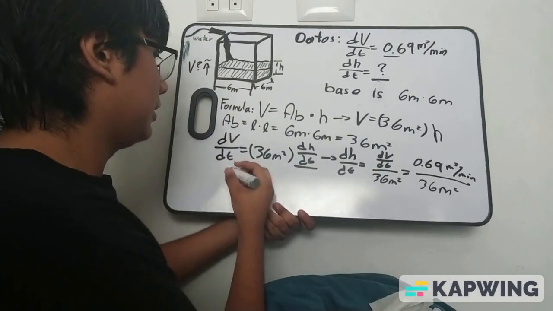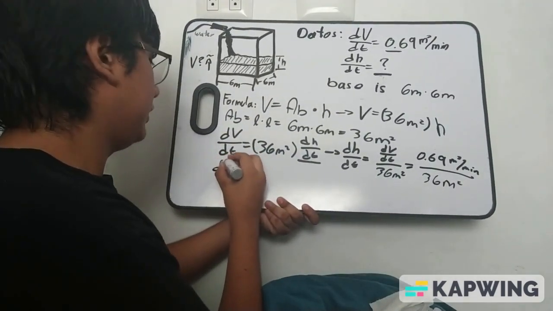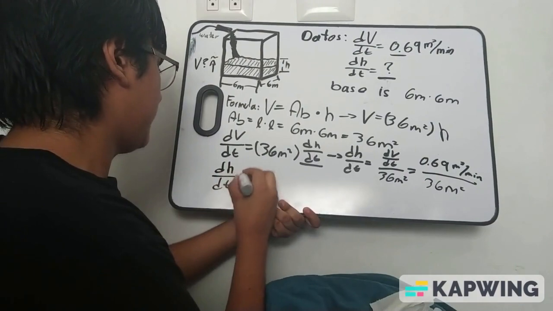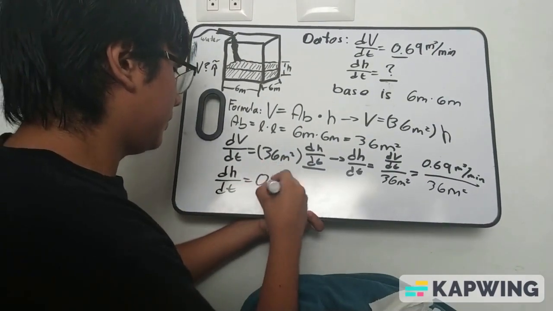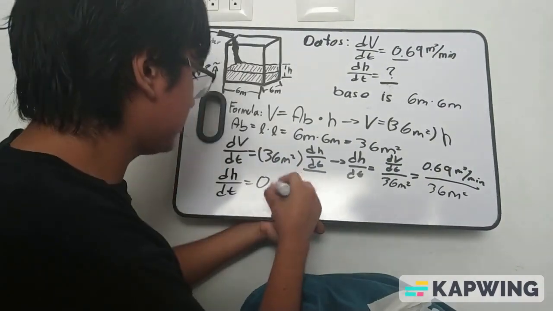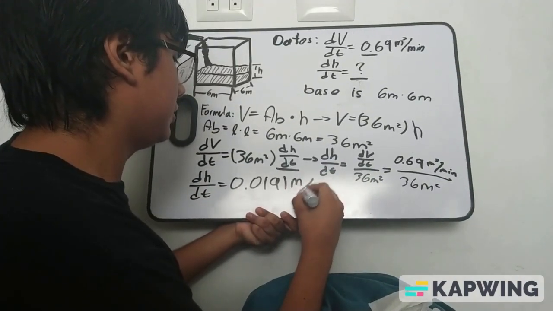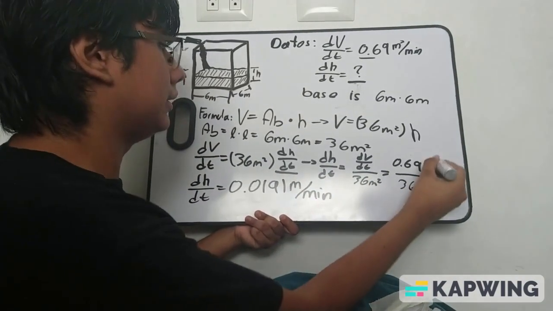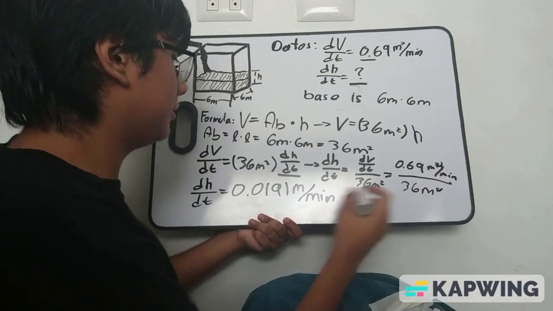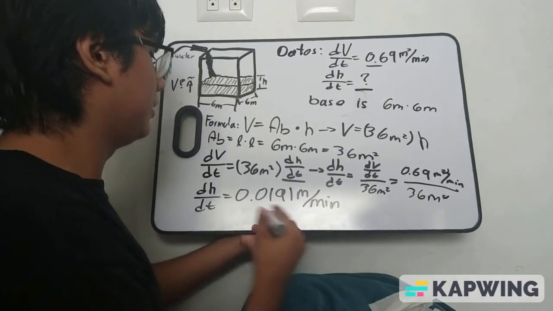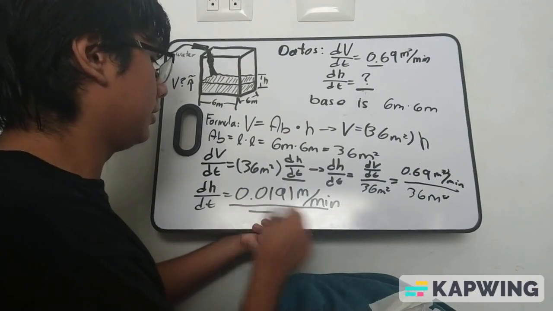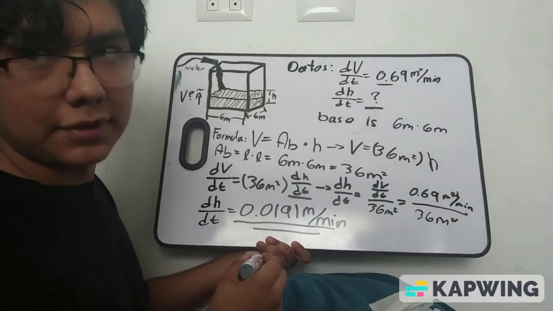We can find our answer, which is 0.0191 meters per minute. So this will be our answer. Thank you very much.